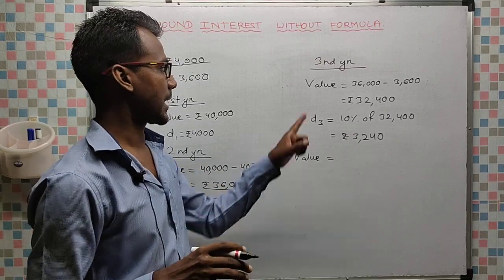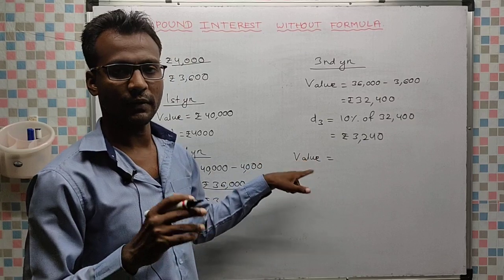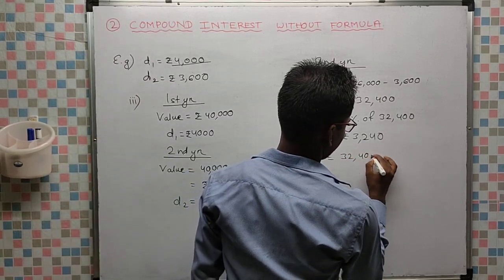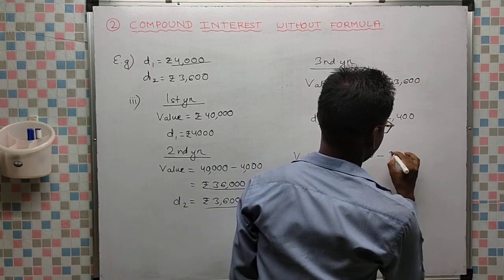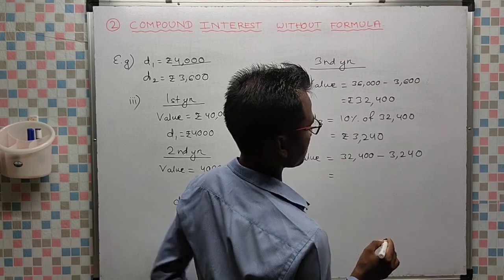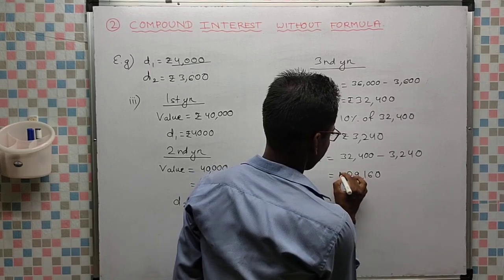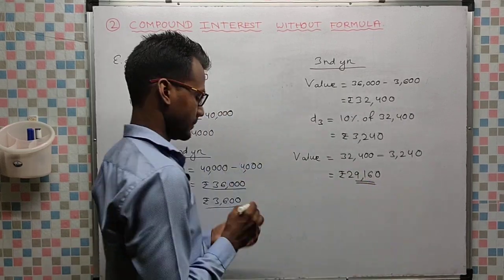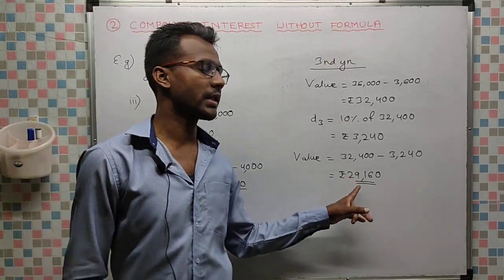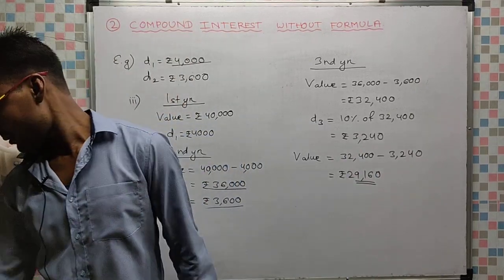Value of the machine at the end of the third year is 32,400 minus 3,240, which is rupees 29,160. Okay. Now the last example.